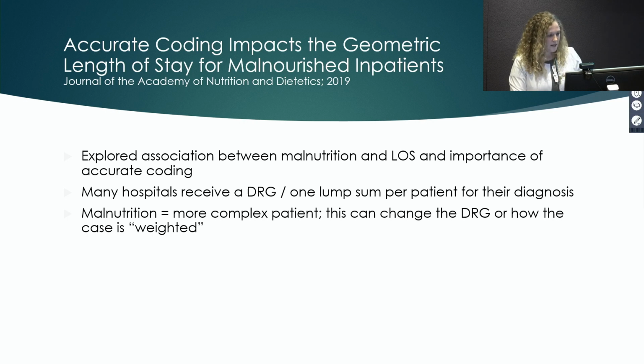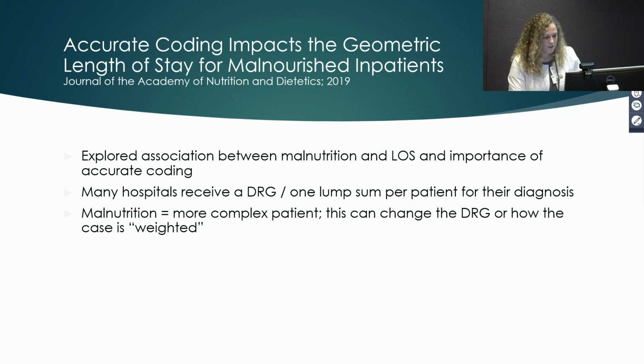This last study that I have to go through looks at more of the billing and coding that goes along with malnutrition and how the hospitals receive reimbursement for that. So, to understand how hospitals get reimbursed for patients, many hospitals will receive what we call a DRG type payment. That's one lump sum per patient for the diagnosis for why they're being admitted to the hospital.